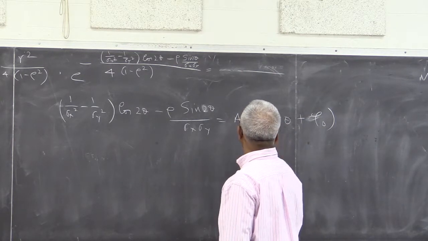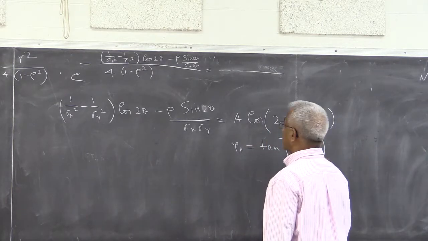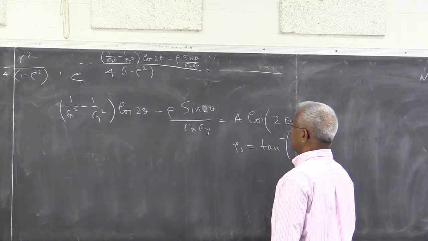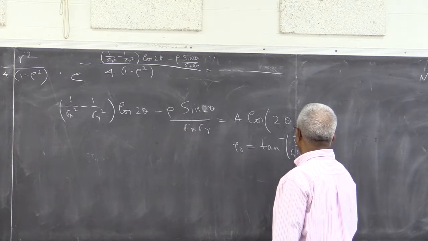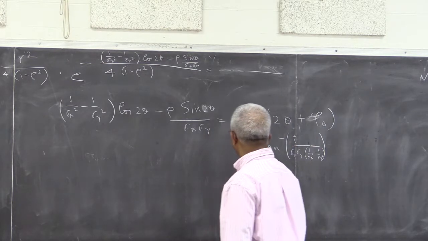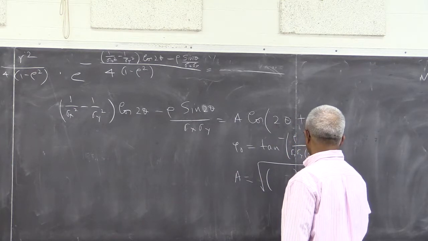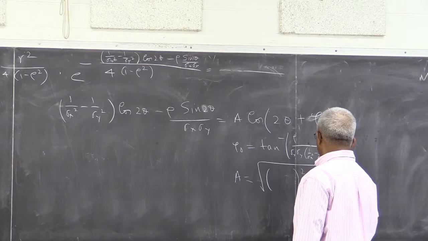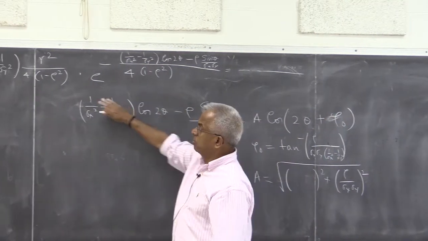So for example, phi naught will be tan inverse of b over a, which is rho over sigma x sigma y over 1 over sigma x squared minus 1 over sigma y squared, and a would be square root of rho over sigma x sigma y, square of this, plus this square.